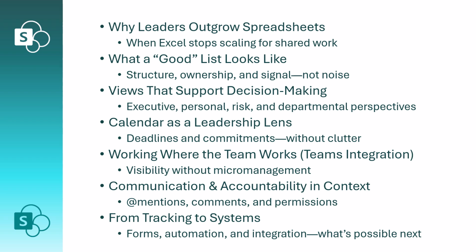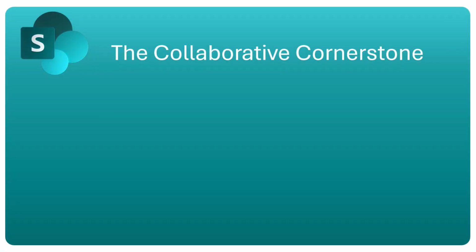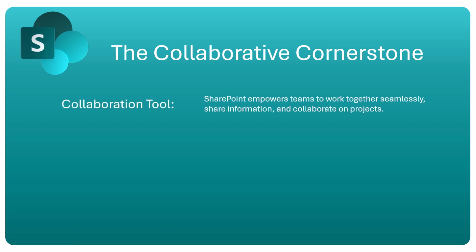It's like putting stuff in a SharePoint list can help you scale way up and change that scale at any time, which I think is great. SharePoint really is going to be our collaborative cornerstone, and lists is just one part of that.